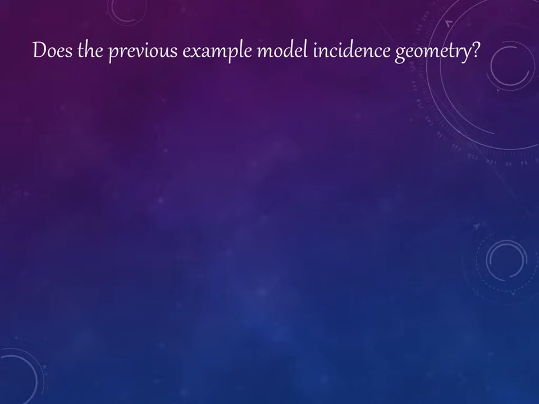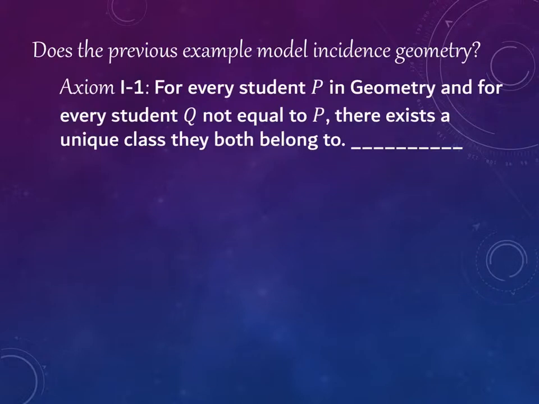Okay, so our first axiom said the following when we substitute in with the interpretations. For every point, and our points are now students, so for every student in geometry, if we have two different students, so if we take Noah and Kennedy, we take Kelsey and Haley, we take Seth and Felipe, two different students, will there exist a unique class that they both belong to?